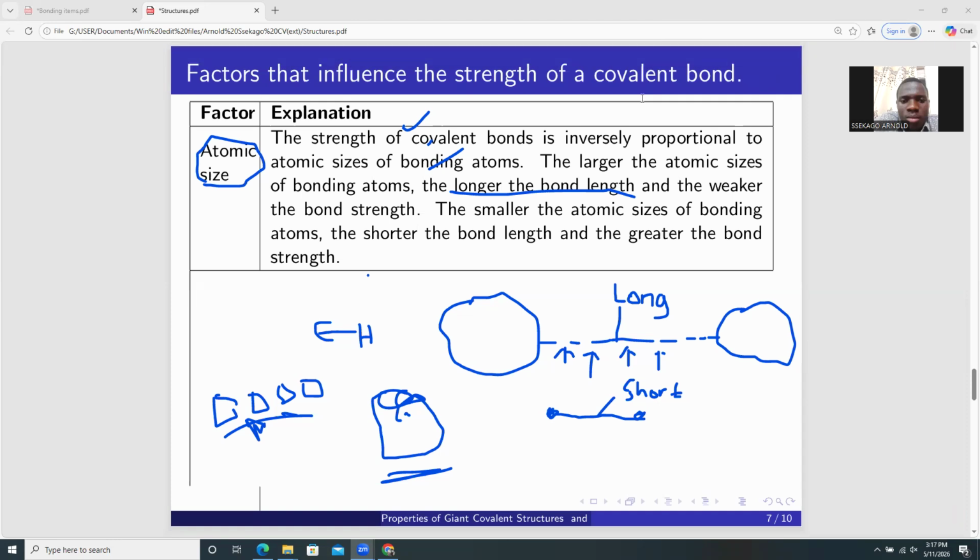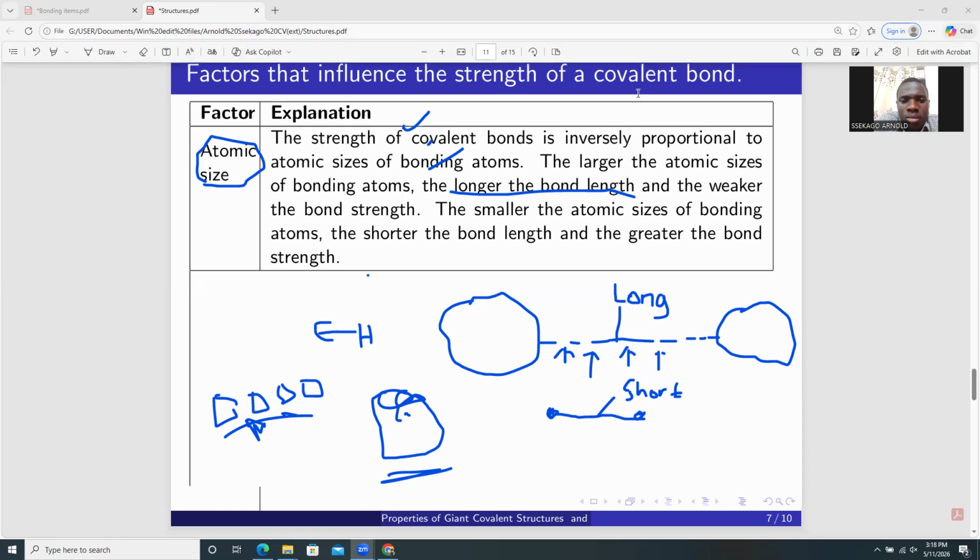Previously, we were exploring the factors that influence the strength of a covalent bond. The session is suitable for A level students offering chemistry as part of their subject combinations. Previously, we had explored how atomic size influences the strength of a covalent bond.